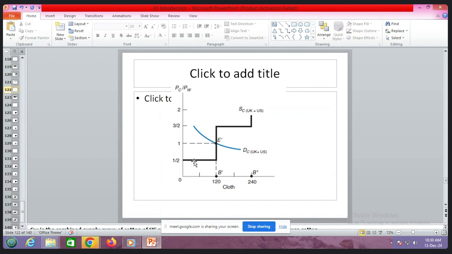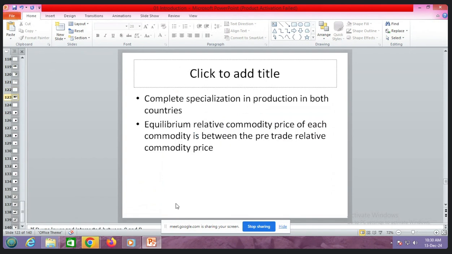So here what we are trying to say is that complete specialization in production is taking place in both the countries, and equilibrium relative commodity price of each commodity is between the pre-trade relative price, pre-trade commodity relative price.